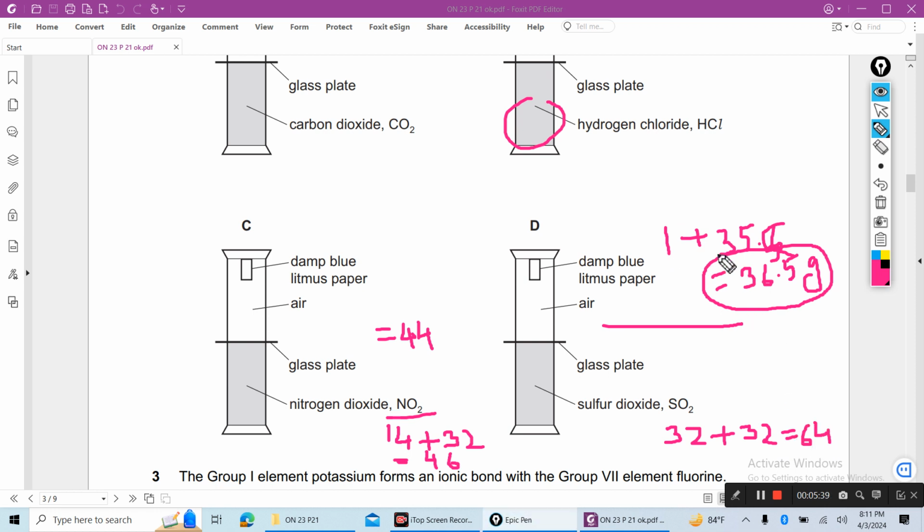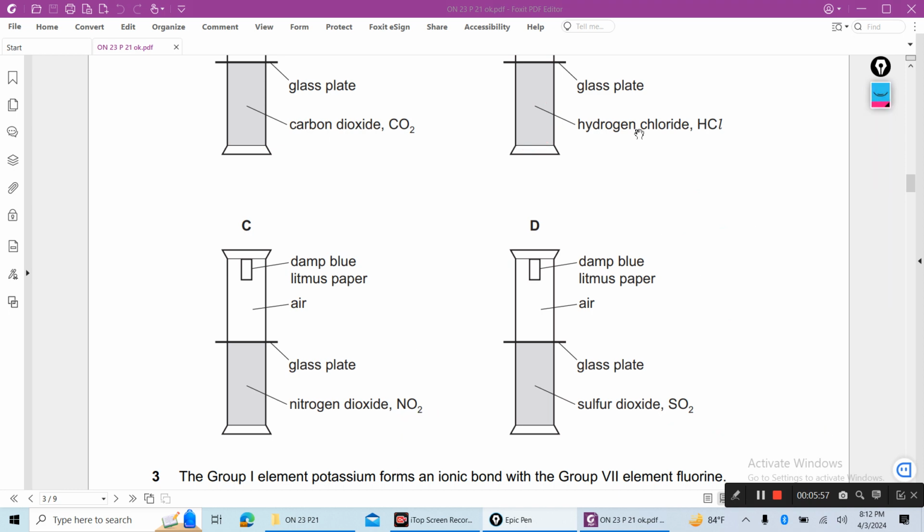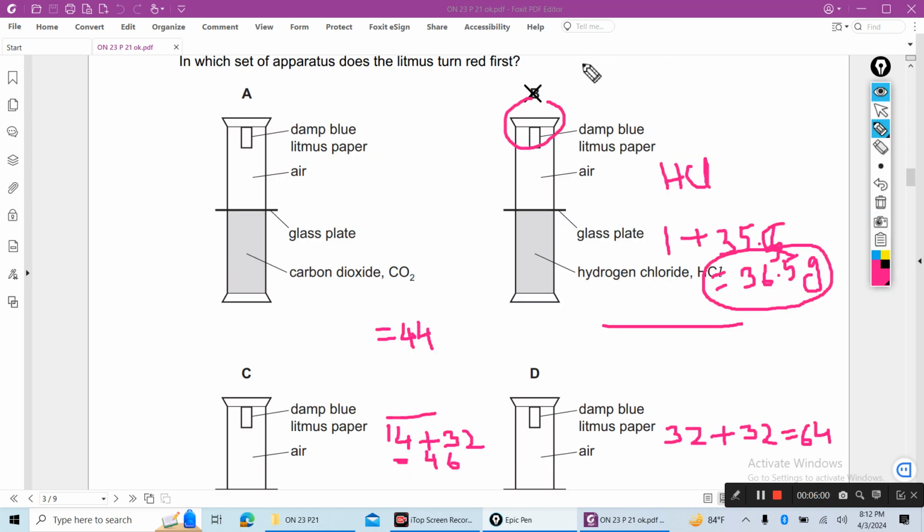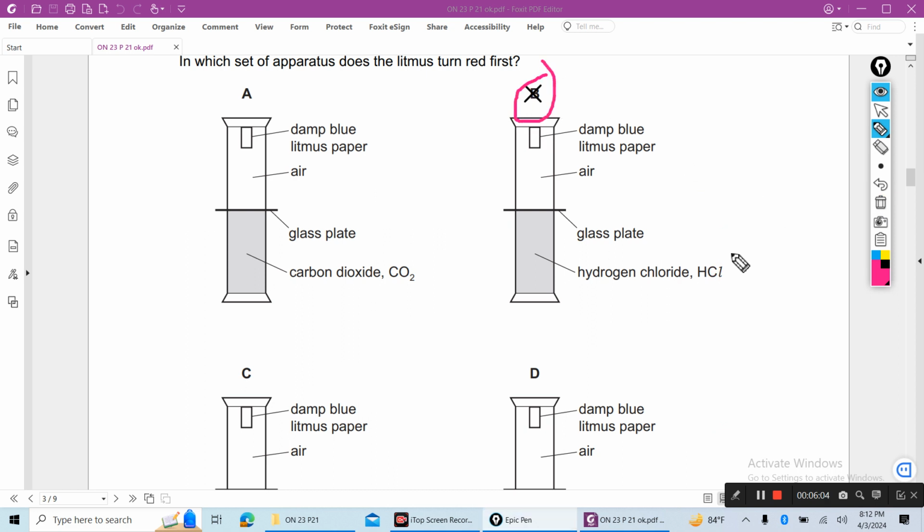So here hydrogen chloride has lower molecular mass, that's why hydrogen chloride gas moves faster and litmus paper turns red most quickly. That's why the answer is B, because hydrogen chloride gas molecular mass is lowest.